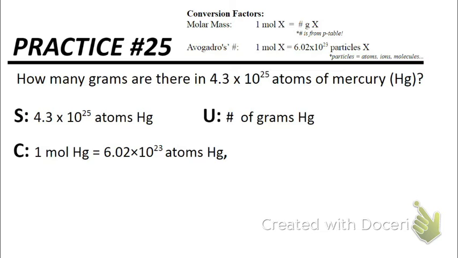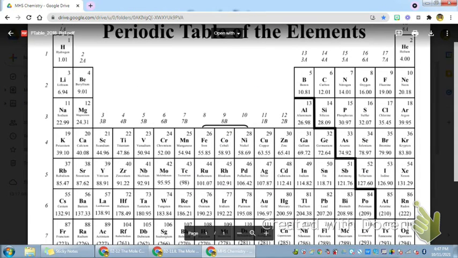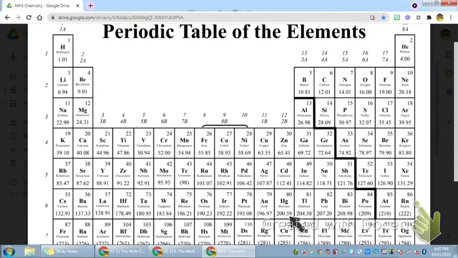So let's take a look at our periodic table. Mercury is element number 80. That means it has 80 protons. We want to look at the average atomic mass, or what we've learned, the molar mass, because this tells us how many grams of mercury are in 1 mole. So if you were given a mole of mercury, it would have a mass of 200.59 grams.